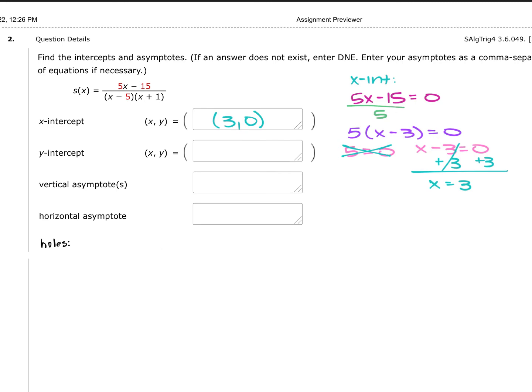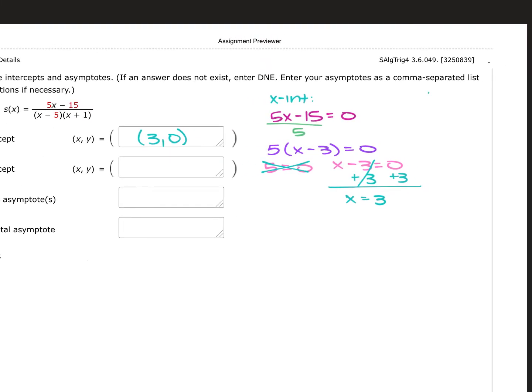For your y-intercept, you are going to take the function that's given to you, set it equal to y, and then plug in 0 for any x value. So that's going to give us (5 times 0 minus 15) over (0 minus 5)(0 plus 1).